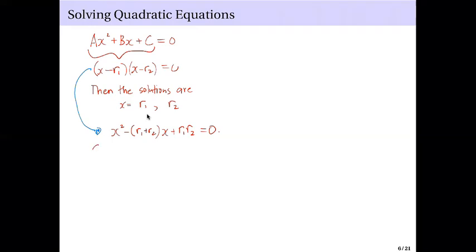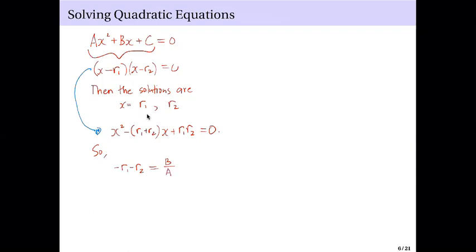So we have minus r1, let me distribute that, minus r2. This must be equal to b over a.